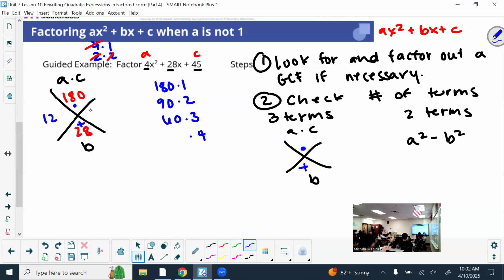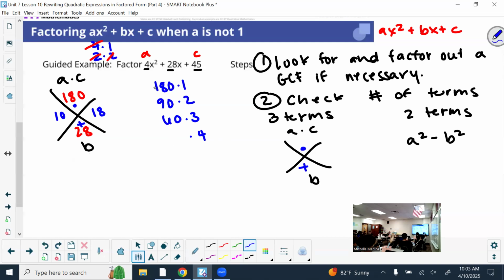Okay. Do they add to 28 though? They add to 27. So we're kind of close-ish. I started by writing out the factors of 180. I'm not done yet though. But if anyone else has the 2 numbers that make it work completely, let us know. 10 and 18. Right, do you guys agree? Do they multiply to 180 and add to 28? All right, so we found them.